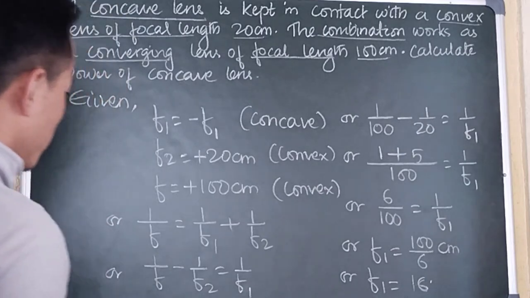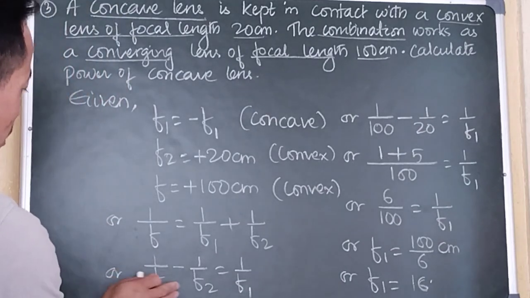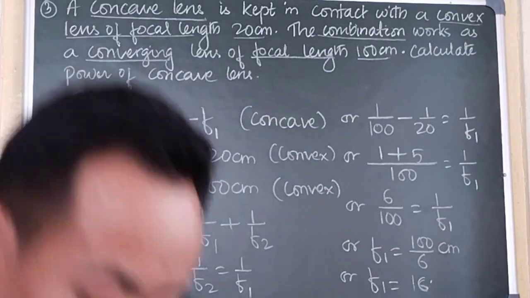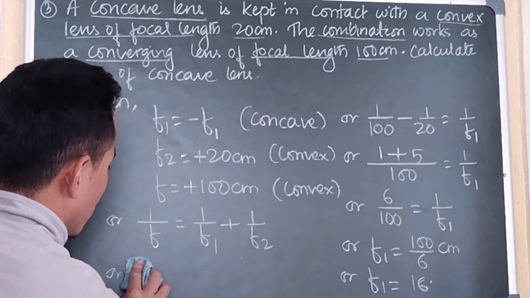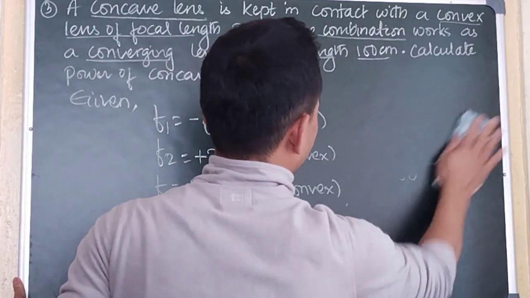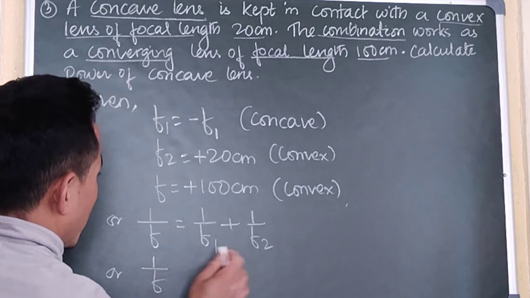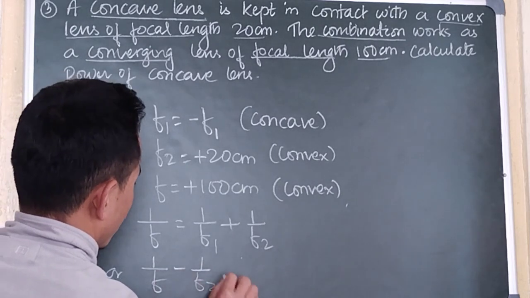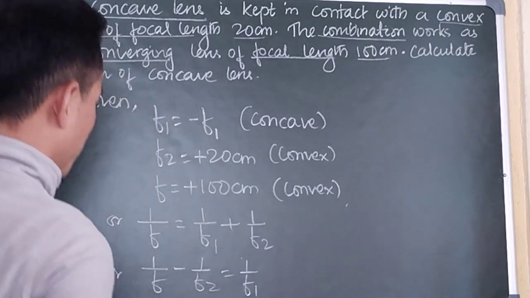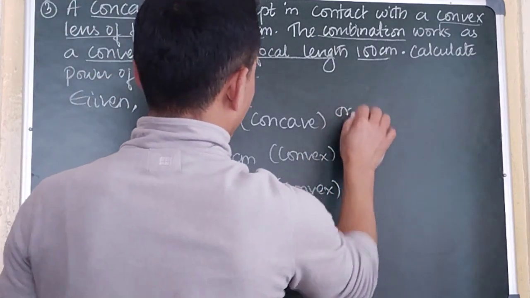Let's check this again. Here we have to change this. Let's do this again. So here we have 1 by f minus 1 by f2 is equal to 1 by f1. Now put the value with the sign convention.